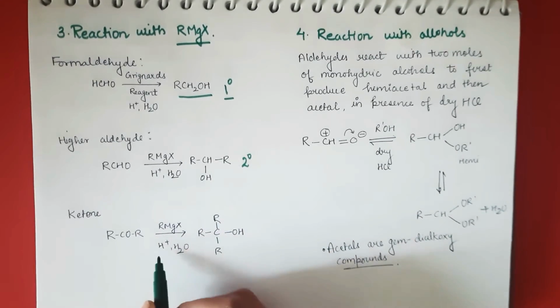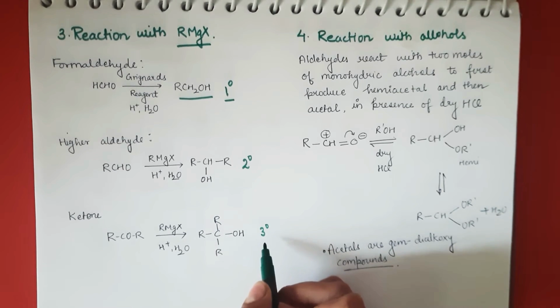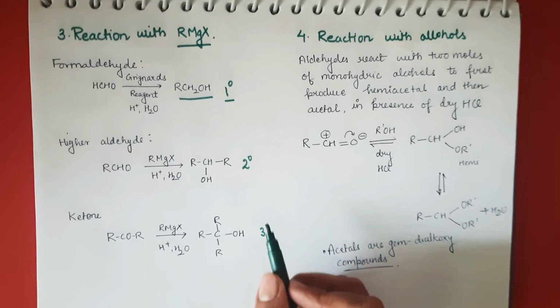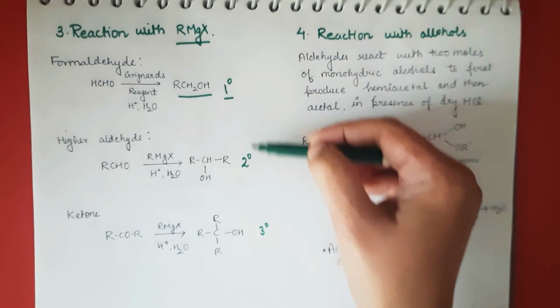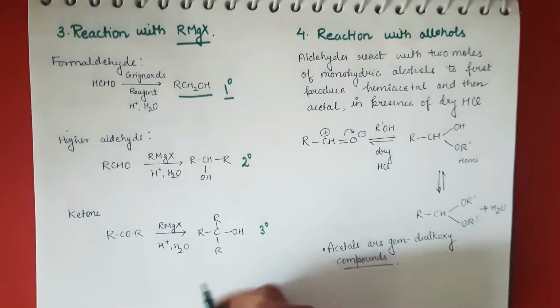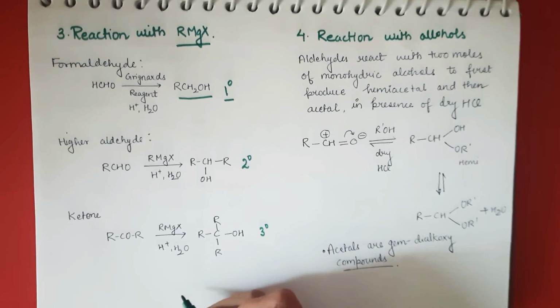And if ketone reacts with Grignard reagent, it forms tertiary alcohol. Now I know that you can differentiate primary, secondary and tertiary, but let me go over it once again, because I need to be sure that you know the categorization.